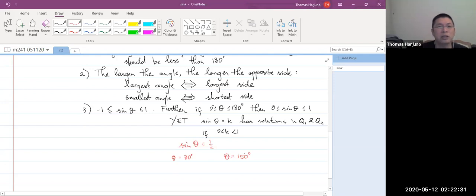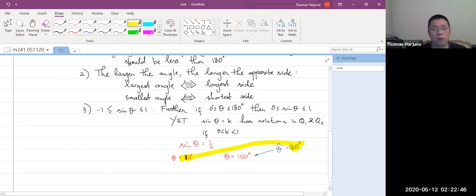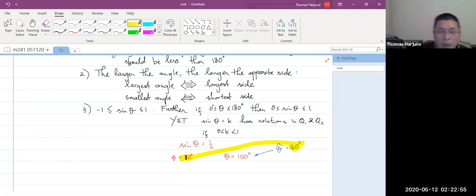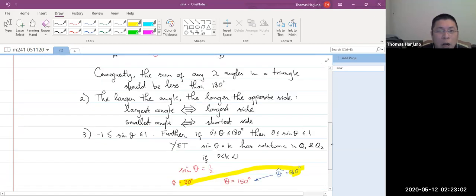The angle in quadrant 2 has the same reference angle as what we have in quadrant 1. So once we get the angle in quadrant 1, the angle in quadrant 2 will be the supplement of that angle. Now we will combine these three facts together in our work later on.